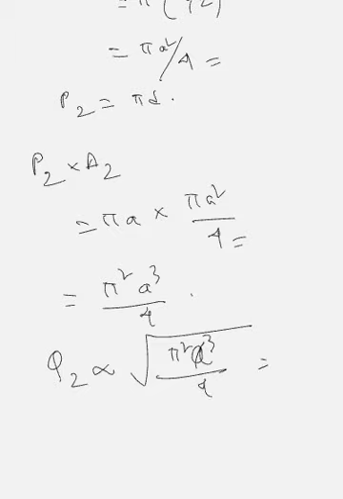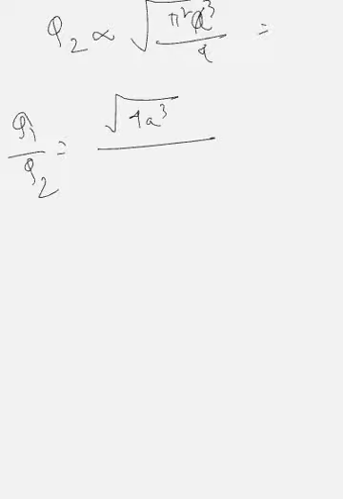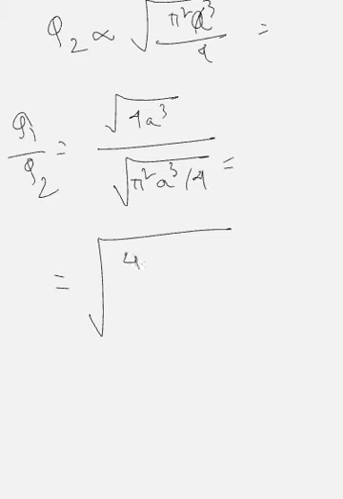Now taking the ratio, we need Q1 by Q2. So Q1 by Q2 is equal to root over of 4a cube by root over of pi square a cube by 4. Now combine inside a single square root. Dividing by a fraction means multiplying by its reciprocal.